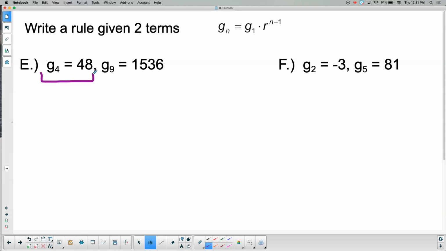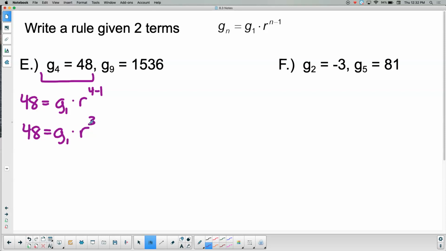So this is going to be 48 is equal to my first term times my ratio to the 4 minus 1 power. So this is going to be 48 equals g sub 1 times r cubed.